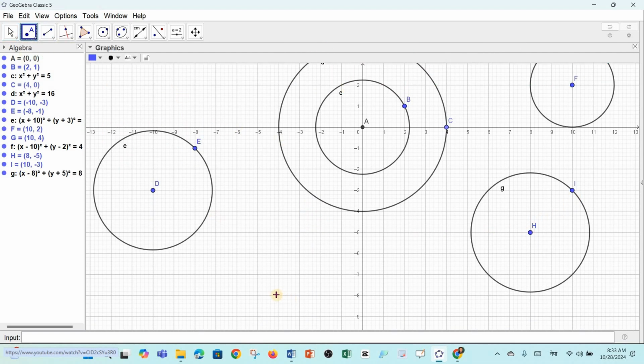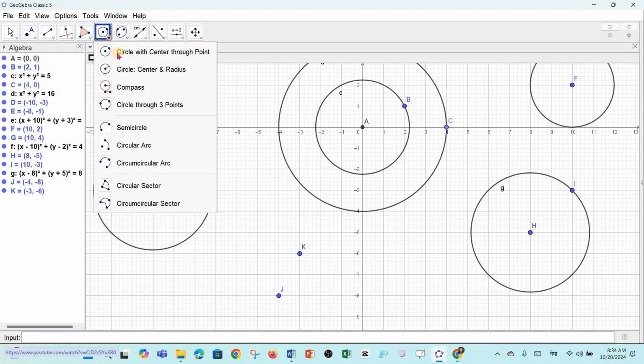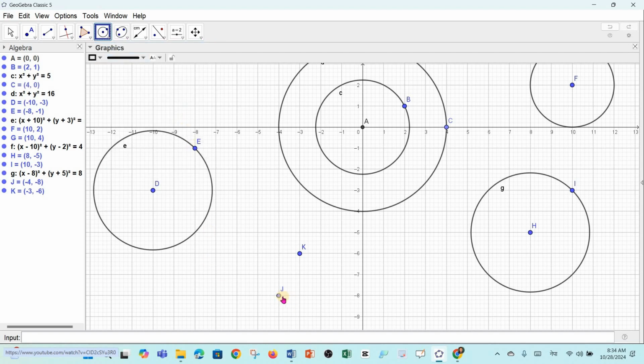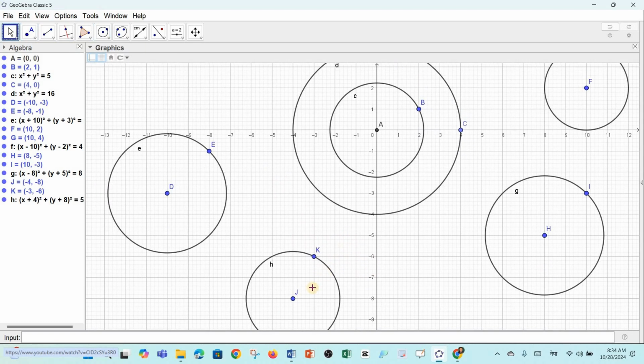Another, let's select 2 points. I am going to select this point J as center and it passes through the point K. Okay, then also we can draw a circle with center through point. The center is J and it passes through the point K, like this. We can draw a circle when the center and 1 point are given.